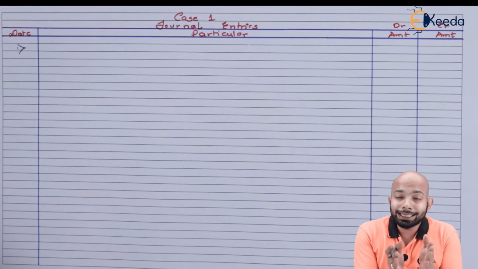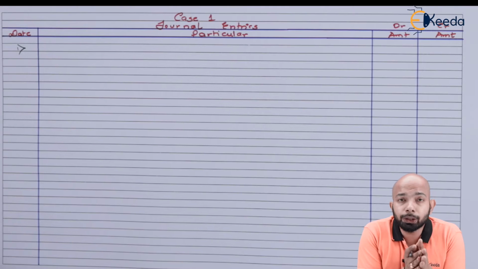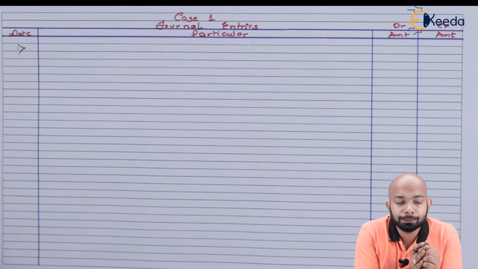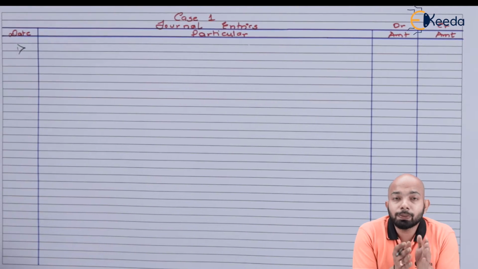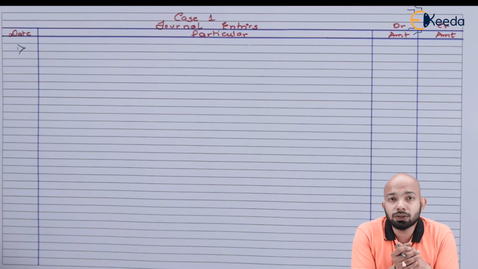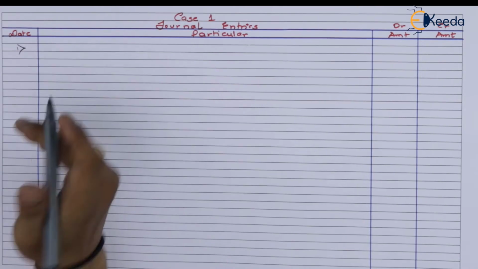As we are passing the entries for debenture application, the first thing will be the receipt of application money for debentures. So let's start with that. Now, in case 1, the issue was for 6,000 debentures, but the applications that we received were for 8,000 debentures. So let's start with the receipt of application money for 8,000 debentures here.